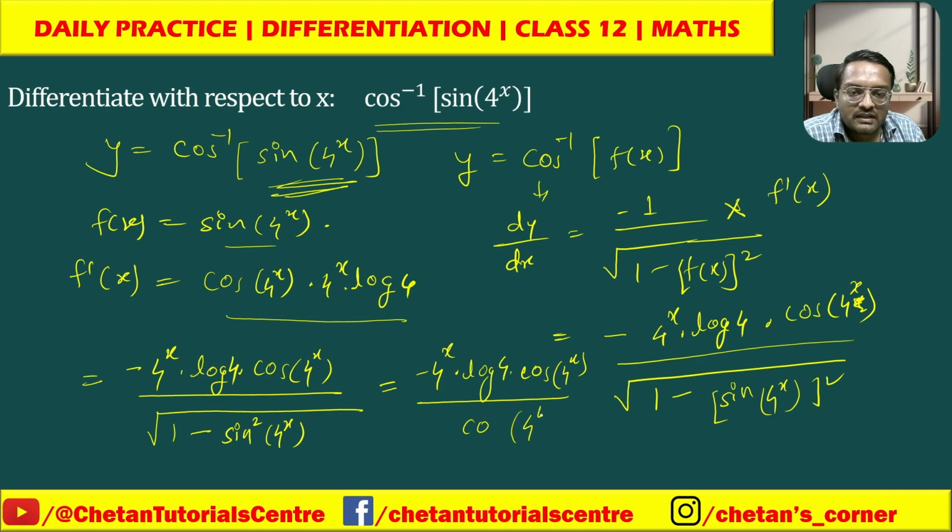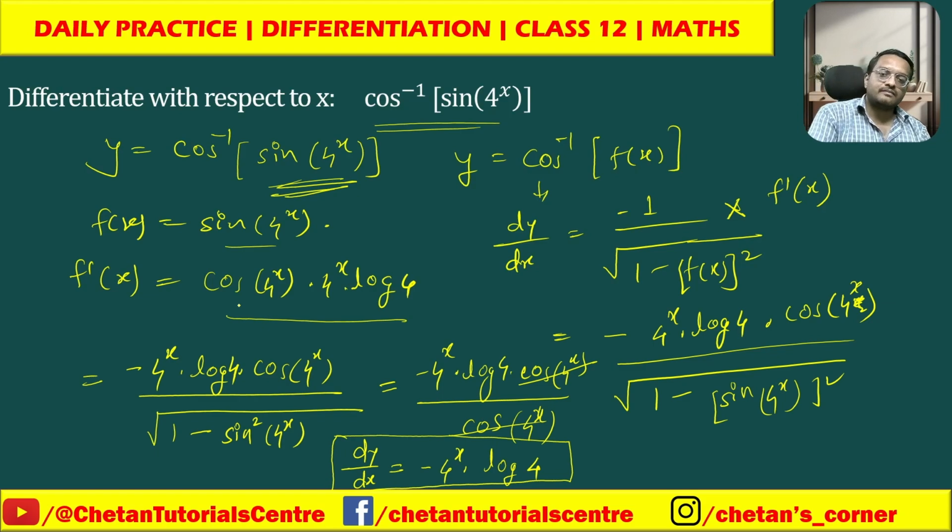Cos of 4 raised to x. This cos of 4 raised to x and this cos of 4 raised to x will get cancelled. So the final value of dy by dx will be equal to minus 4 raised to x into log of 4. So this is the required answer of this given question.